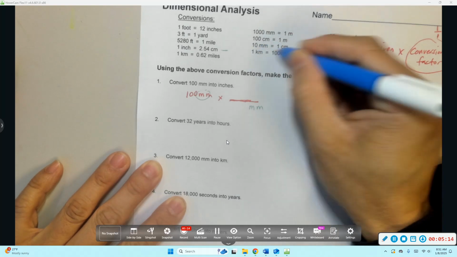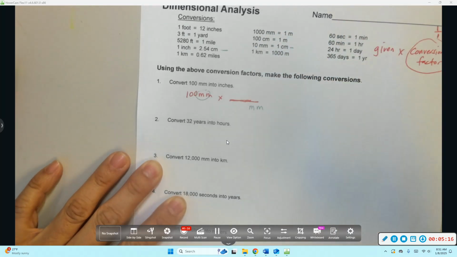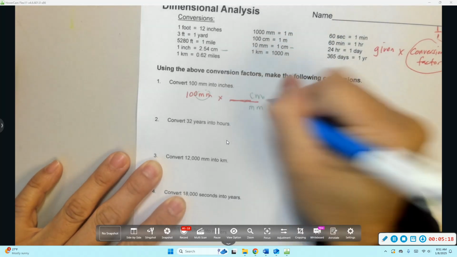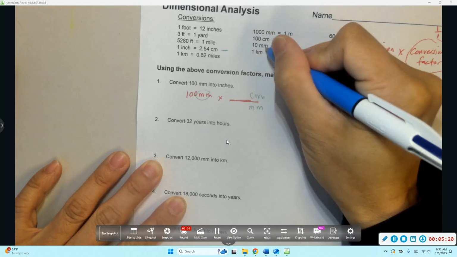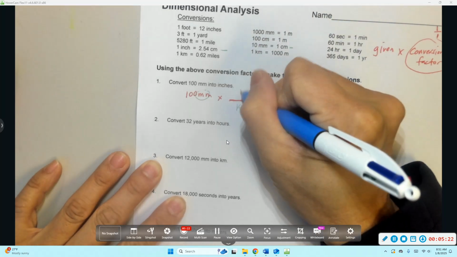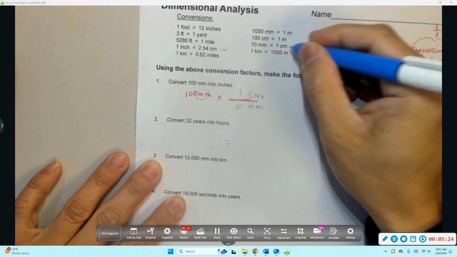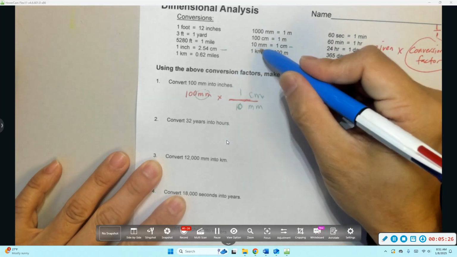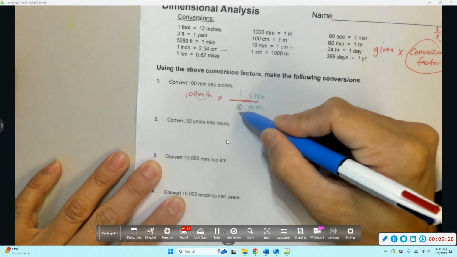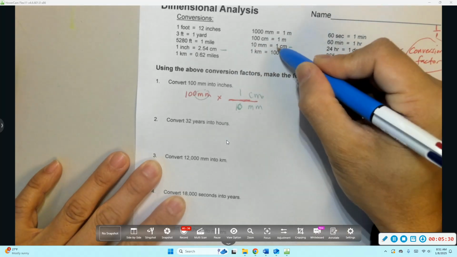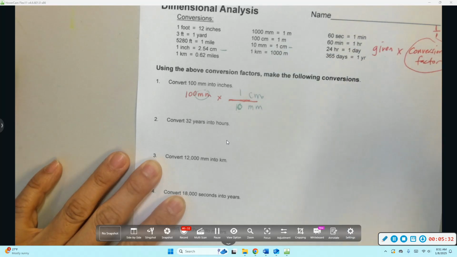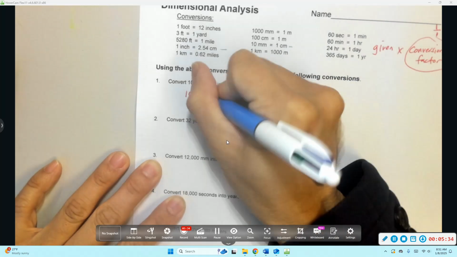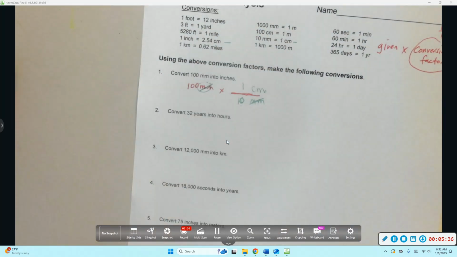See, 10 millimeters is 1 centimeter, so you have to work it out in your head. So I can change millimeters to centimeters. And you read here, 10 millimeters is equal to 1 centimeter. Right? The way you read it is exactly the way you write it. It goes with the number. 10 millimeters, 10 millimeters. Copy it down. 1 centimeter, 1 centimeter. Right? So we get rid of millimeters, they cancel out.